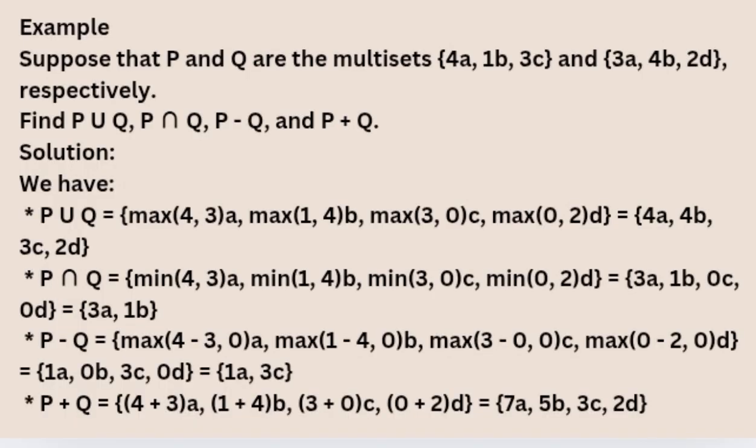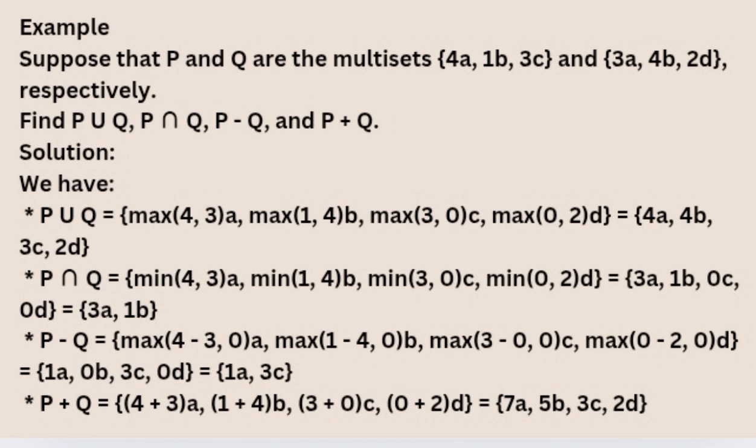P intersect Q equals {min(4,3)A, min(1,4)B, min(3,0)C, min(0,2)D} equals {3A, 1B, 0C, 0D} equals {3A, 1B}.